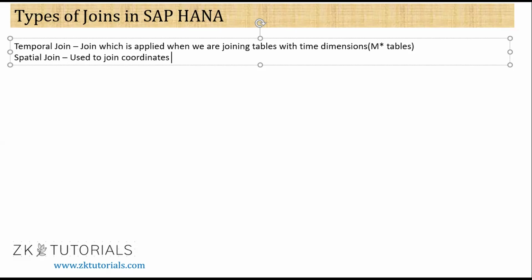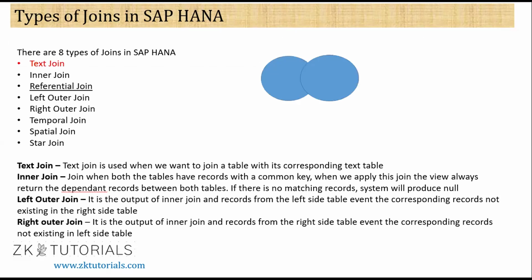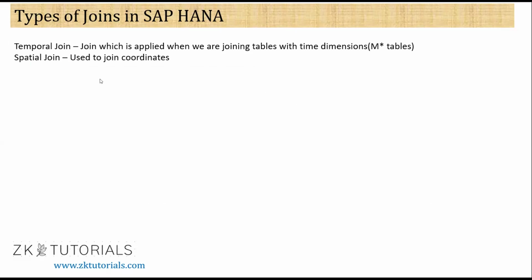So that's where spatial joins are used. To be very honest, guys, I have never used this, and you will also use it very little. But you should remember all these basic topics. Then the next comes our star join.